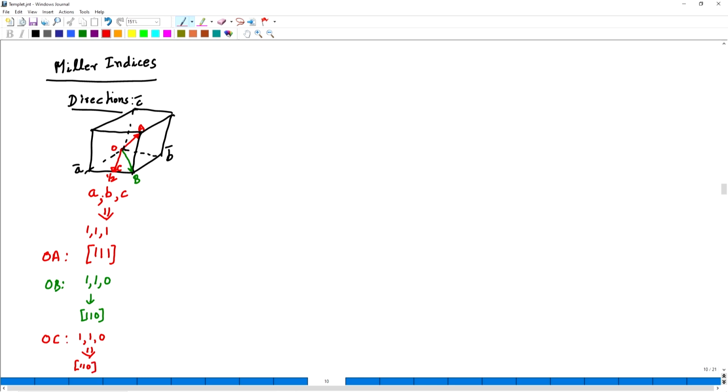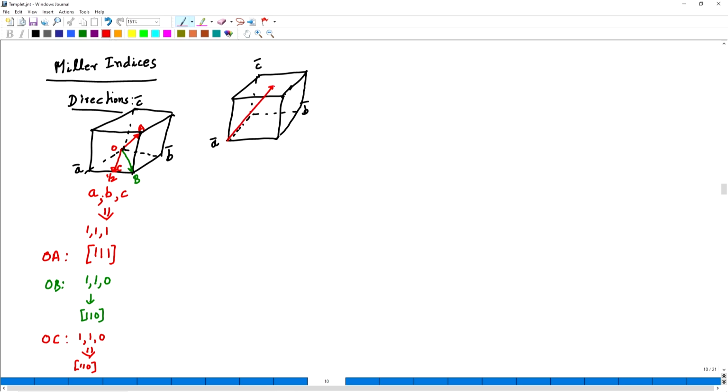Now, let us try to take 1 or 2 more examples. And incidentally, do not take this as a cubic cell. It can be any of the unit cells in the Bravais lattice. Let me take a vector like this.